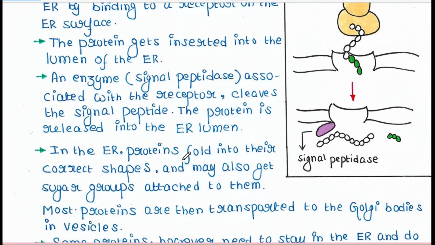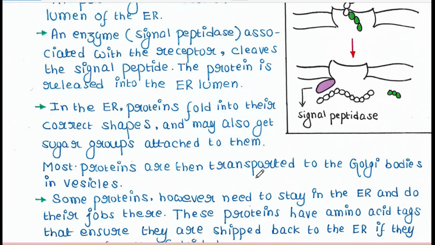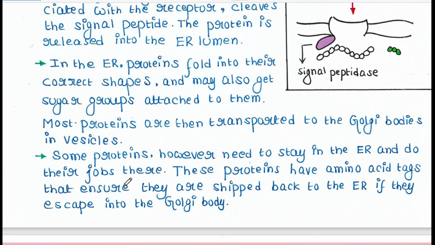In the ER, proteins fold into their correct shapes and may also get sugar groups attached to them. Most proteins are then transported to the Golgi body in vesicles. Some proteins, however, need to stay in the ER and do their jobs there.